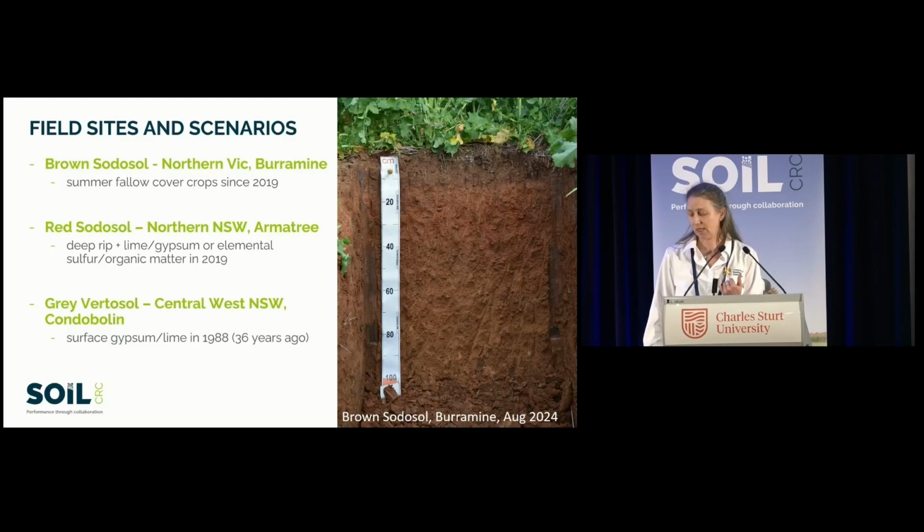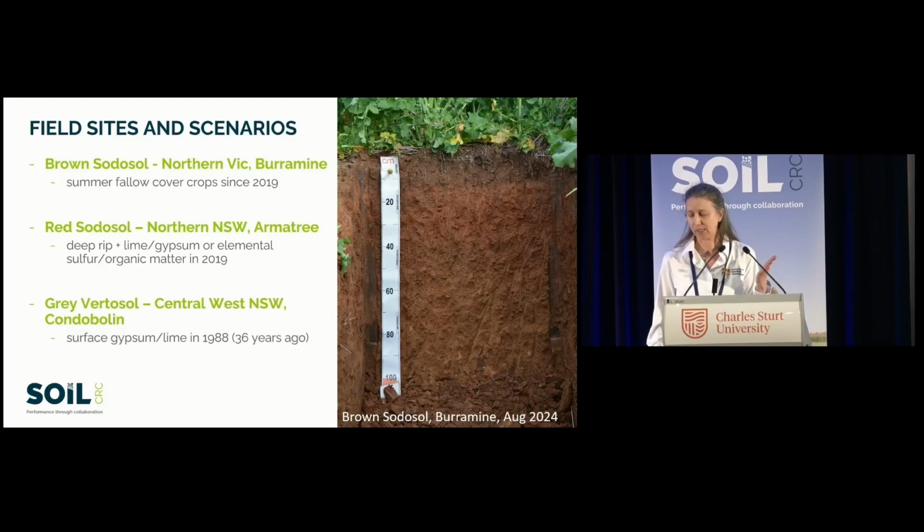Sensors still have a restriction in how much space they sense, but a little bit more than a core. We've got 3 sites with 3 different ranges of treatments. We've come in to existing projects and are looking at the treatments that they have imposed and trying to see whether there are medium-term impacts of those treatments on the plant available water capacity and why. At the top, the brown sodosol in the northern Victorian Barramine site with the fallow cover crops is what I'll be talking about.